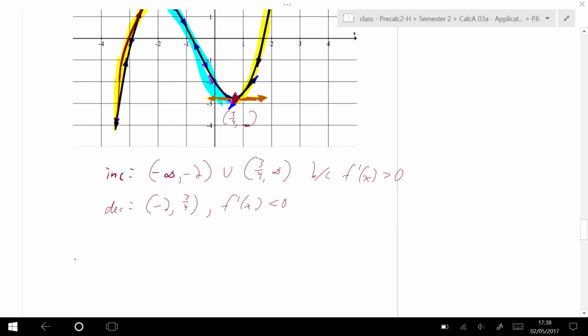Basically, the first derivative test states that if f prime of x is greater than 0, then f is increasing. I'm going to erase this and get more specific. And then f is decreasing if f prime of x is less than 0.